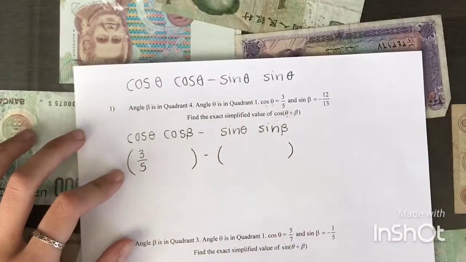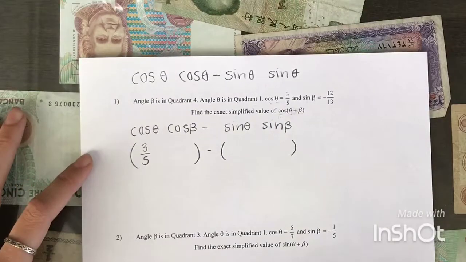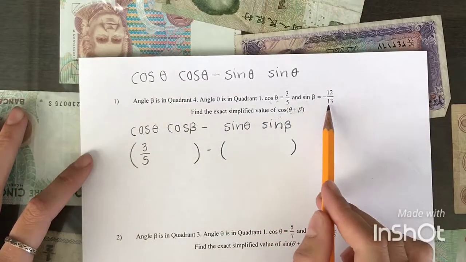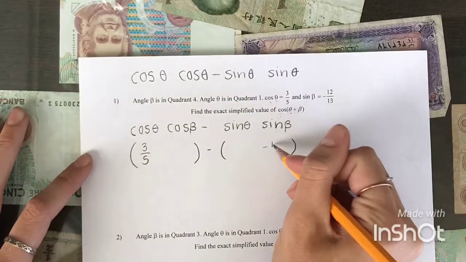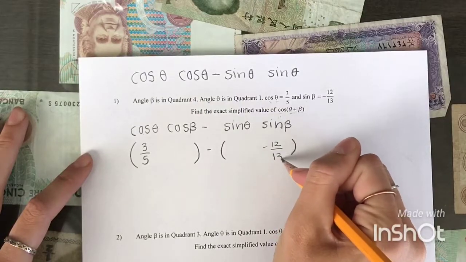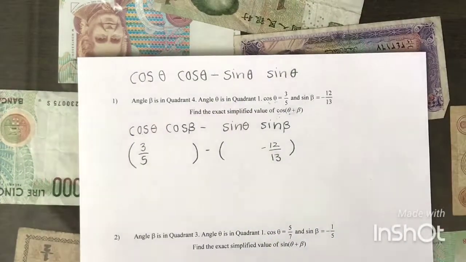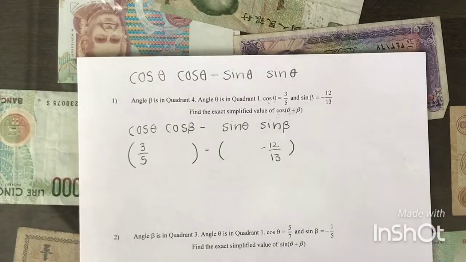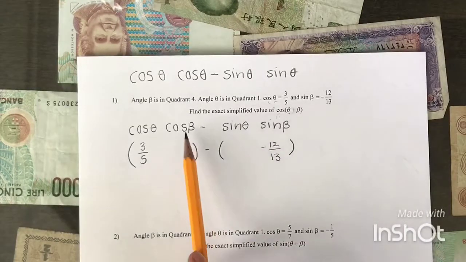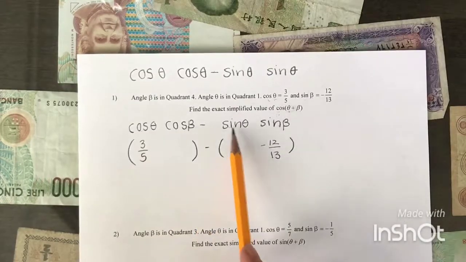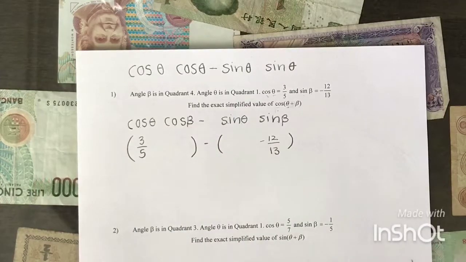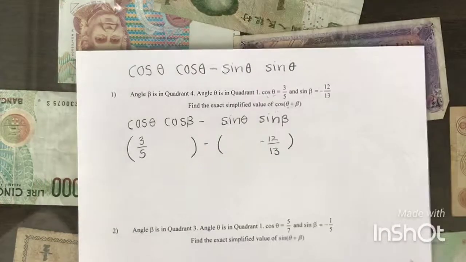The same goes for sine of beta. Sine of beta is equal to negative 12/13. What the problem doesn't give you is the values of cosine of beta and sine of theta. However, we can find those values.